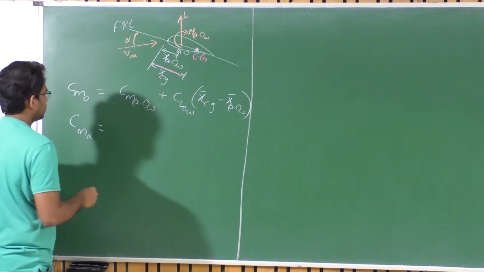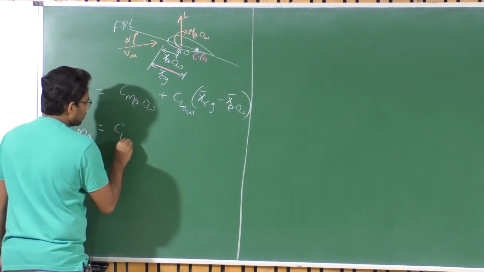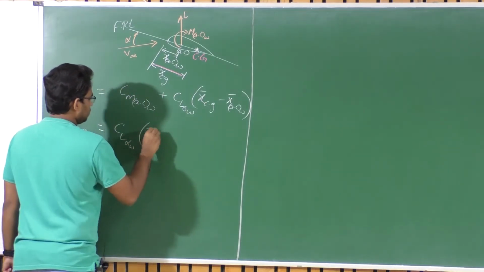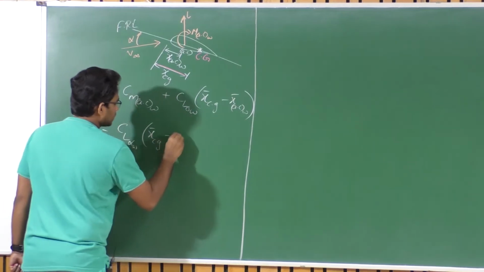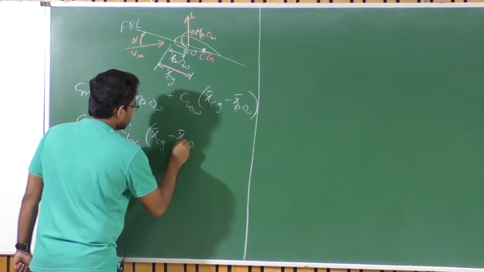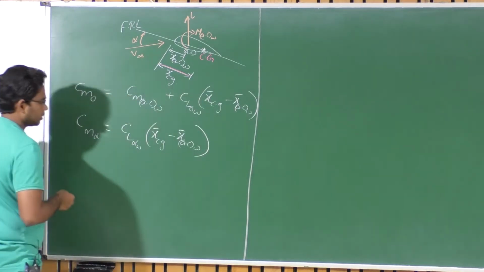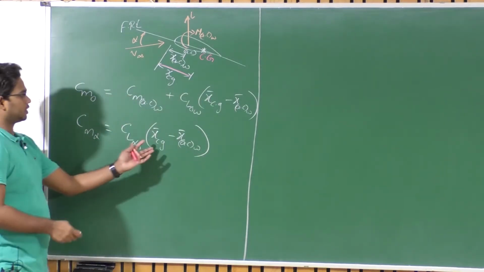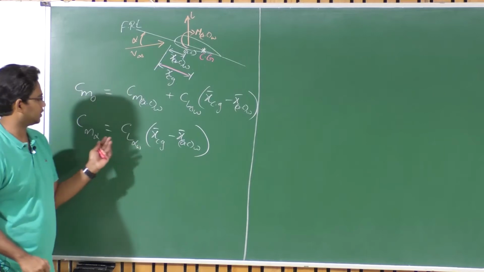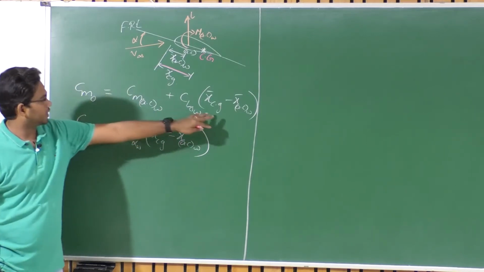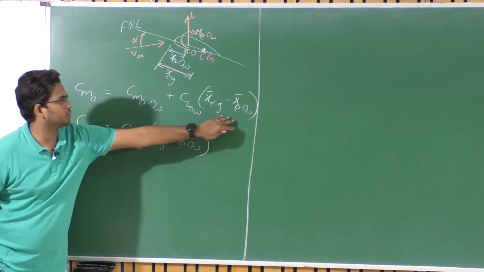The sufficient condition is CL alpha of the wing times x bar CG minus x bar AC of wing. So, if this Cm alpha has to be negative, the CG should lie ahead of the aerodynamic center, and if it lies ahead, this term becomes negative.